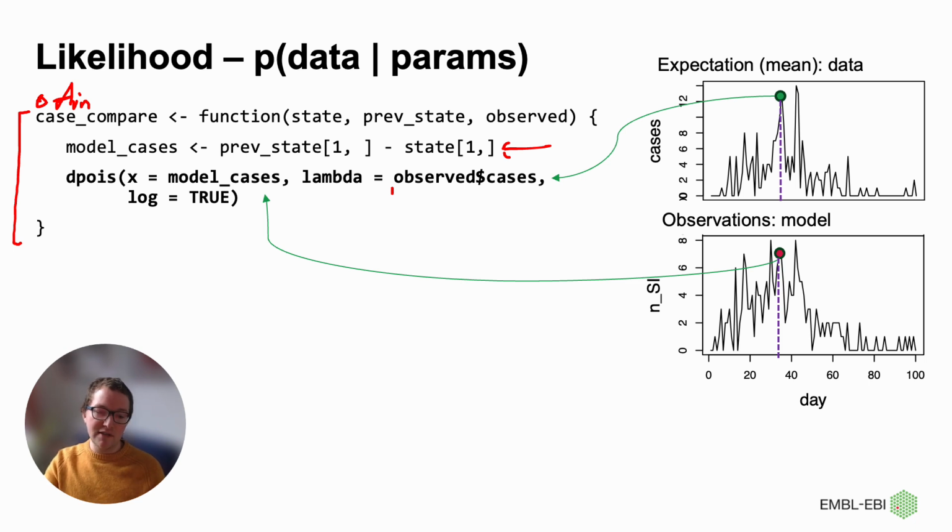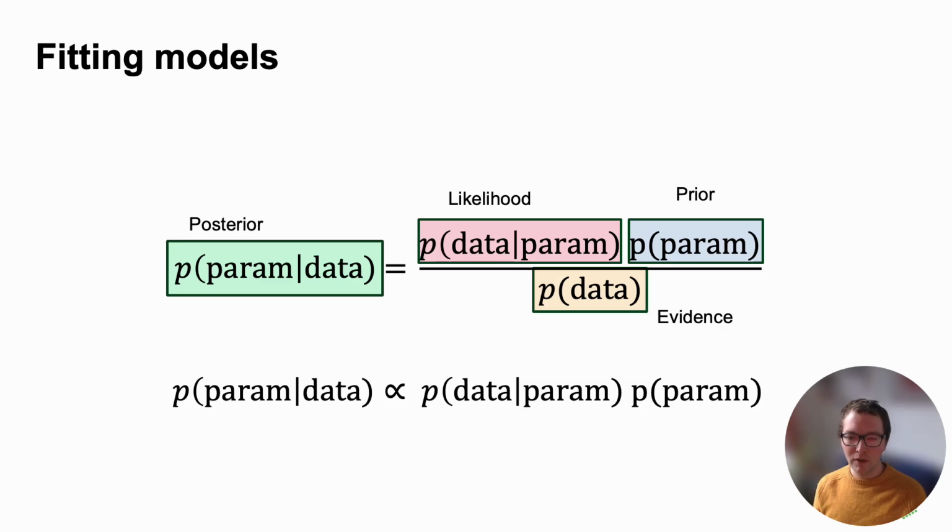And often what you'll see is the log used, because when you make these from pieces, it's easier to add the logs, and it leads to fewer problems with computer precision. But basically, I simulate the model with some parameters, and then I look at how well this fits the actual data series observed. And the trick in modern samplers is to get rid of this term. This denominator here is difficult.